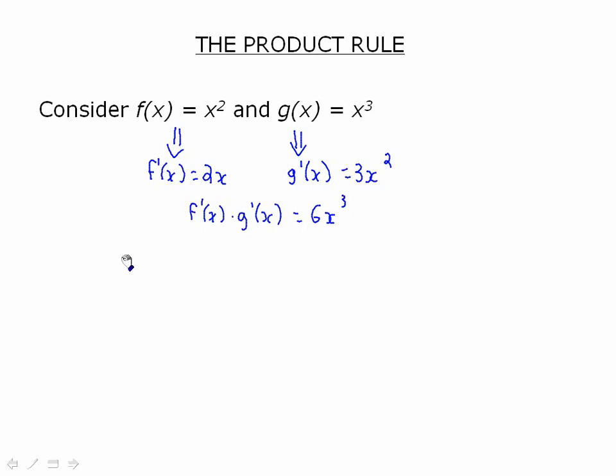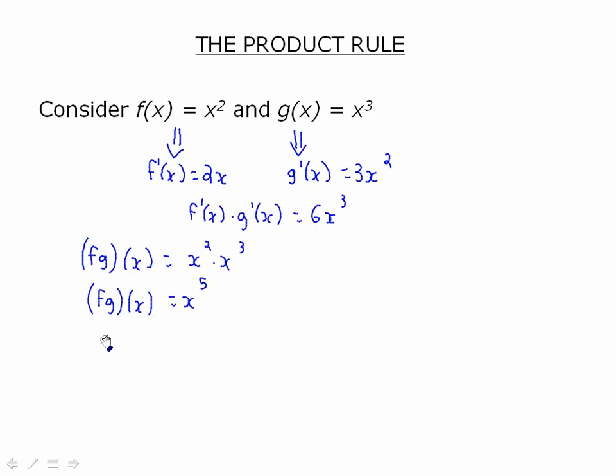Now let's compare that to what happens if we instead multiplied the two together first. So fg of x would be x to the 2 times x to the 3, which is x to the 5. Add the exponents. So that is fg of x.